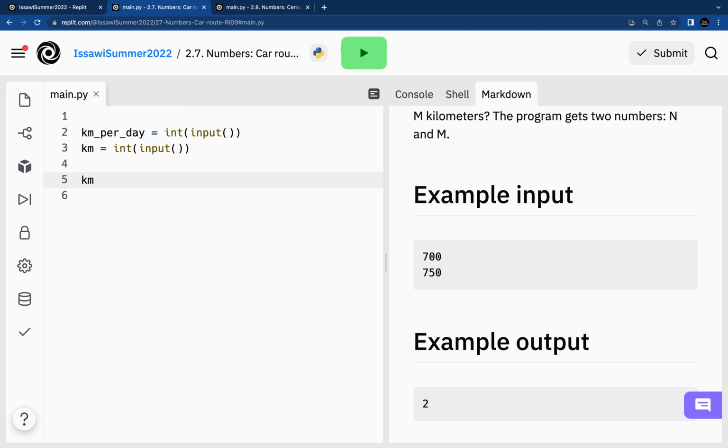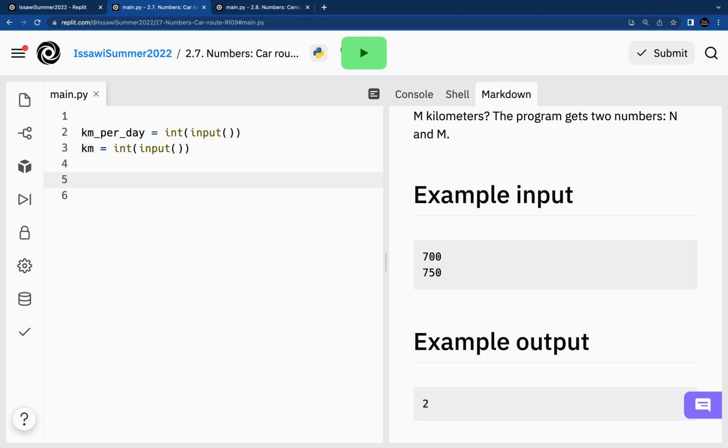Now, I don't know if you know this from math class or physics, kilometers divided by day, you'll end up with kilometers squared over day. We don't want to multiply kilometers by kilometers per day. Essentially, what we want to do is find the number of days. So if I divide kilometers by kilometers per day, it will be kilometers divided by kilometers equals 1 over day, which is equal to the number of days it will take.